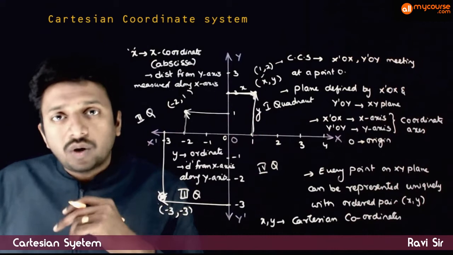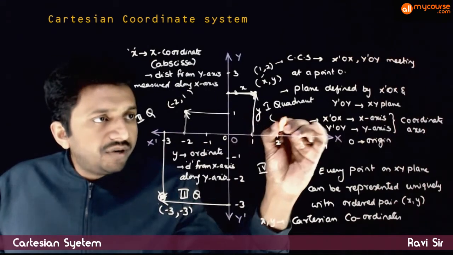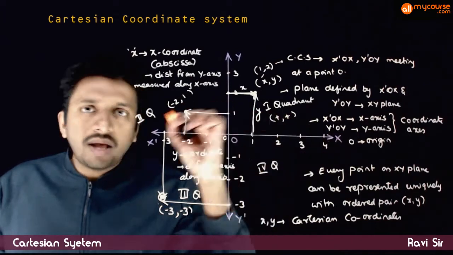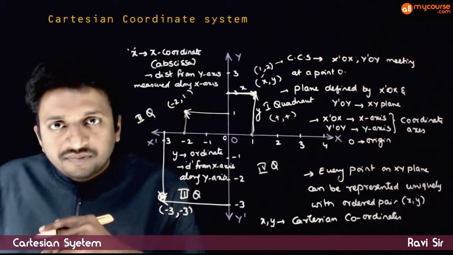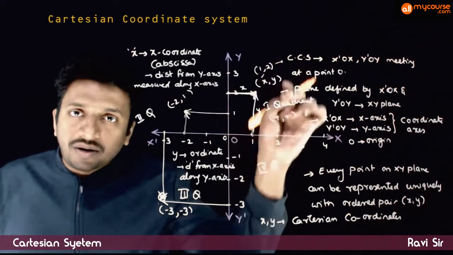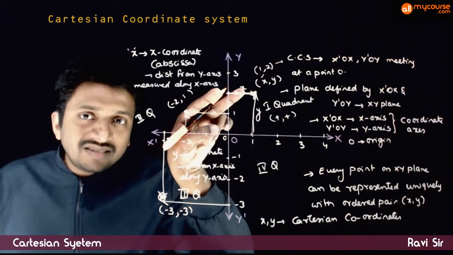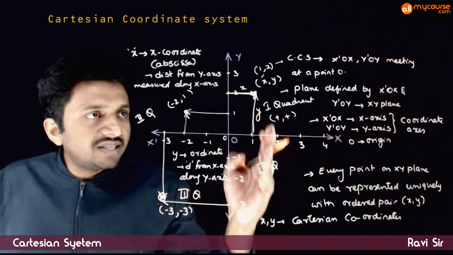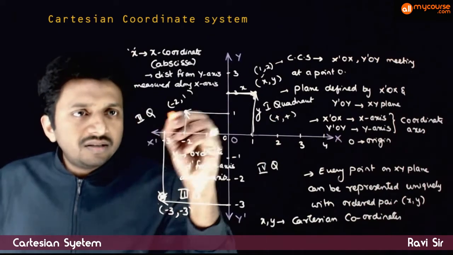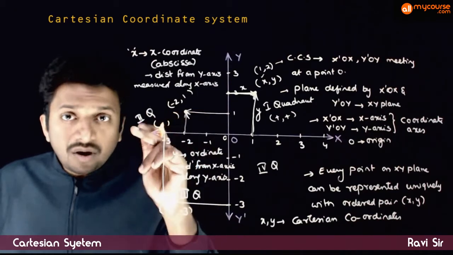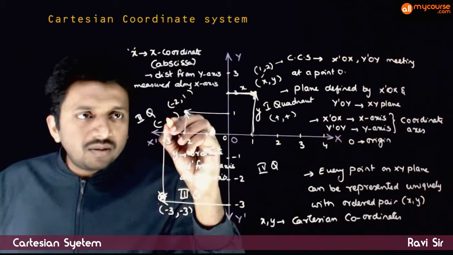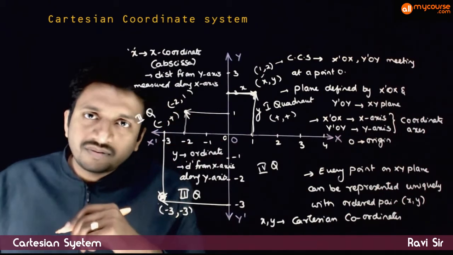And in the first quadrant, if you take any point, both the x coordinate and y coordinate are positive numbers. So you can see very clearly, because if you take any point on this quadrant, the distance along x-axis is also positive, the distance along y-axis is also positive. If you take the second quadrant, the x coordinate of any point on this quadrant is negative and the y coordinate is positive.